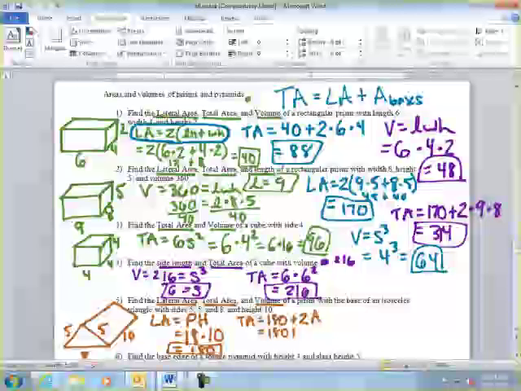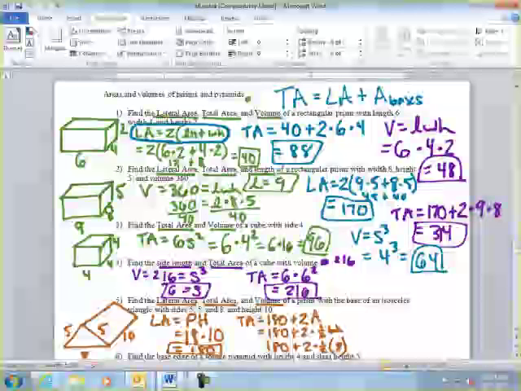What is the formula for area of a triangle? You can't forget those area formulas from the last chapter. The base of the triangle is 8. And the height of the triangle.